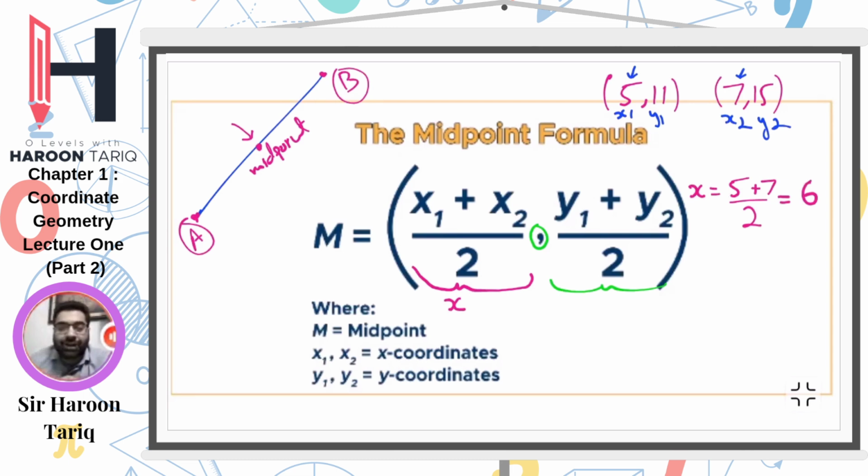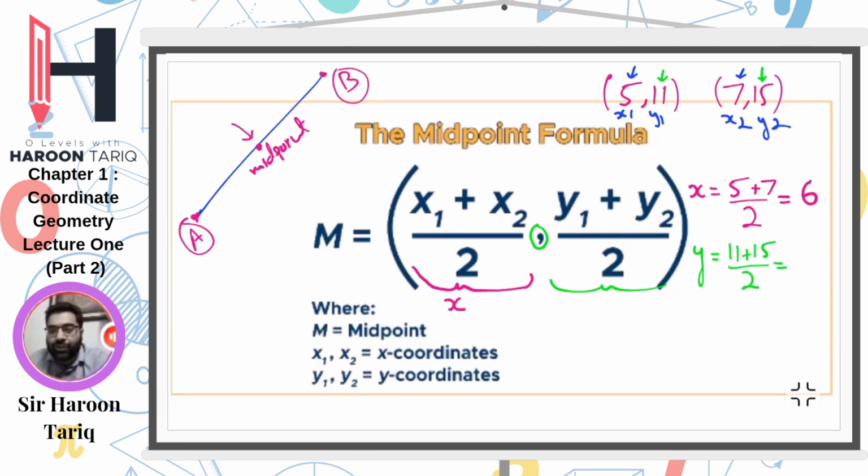Has this made sense? Now I'll do the same thing but for y coordinate, this second formula. My y1 is 11 plus my y2 is 15. 11 plus 15 would be 26.